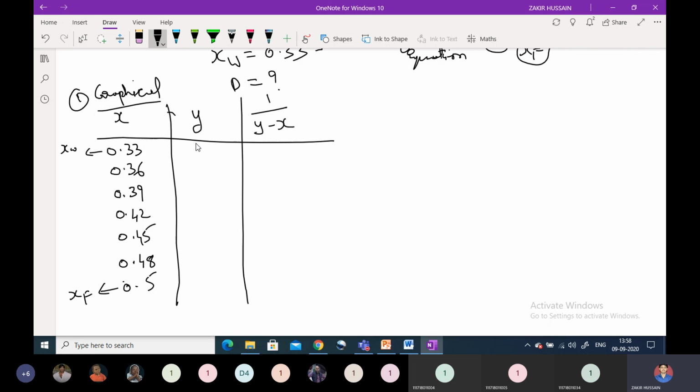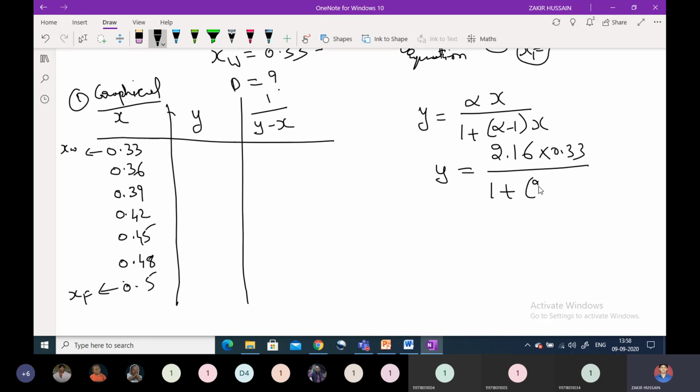So now the y value we have to evaluate. How can we evaluate the y value? We already know: y is equal to alpha x by 1 plus alpha minus 1 into x. Using this we can evaluate y. Alpha we already know, it is 2.16, they have already given. So for the first value you can take 0.33 divided by 1 plus 2.16 minus 1 into 0.33.